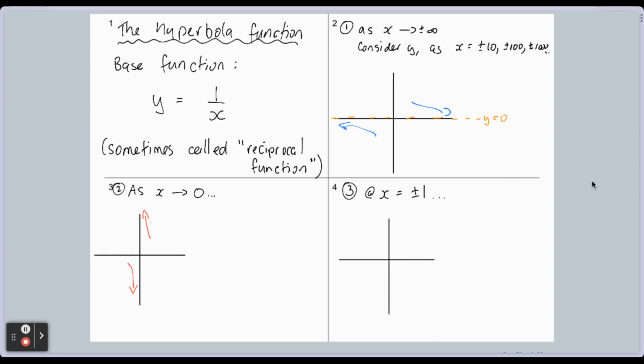So as x gets really big, y is approaching 0. As x gets really small, y is approaching infinity or negative infinity. But not beyond, is that okay? We can't reach infinity.